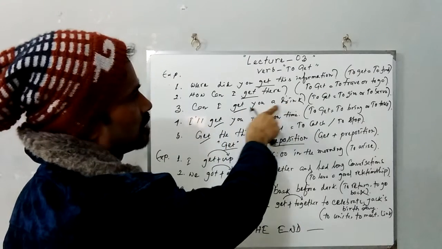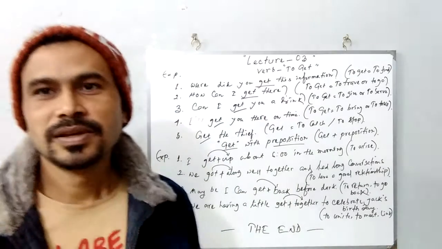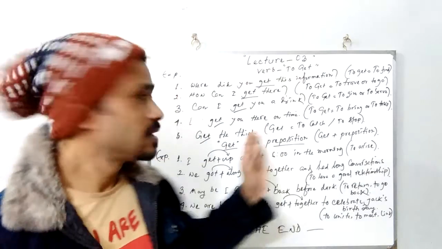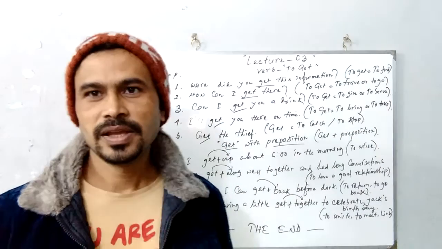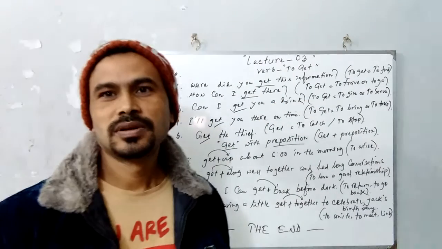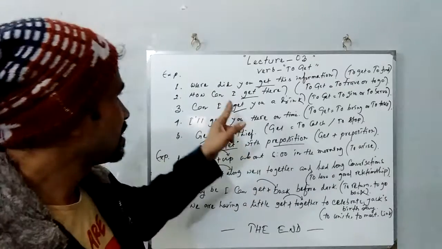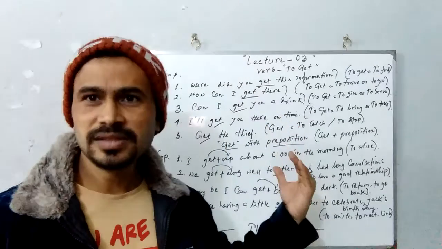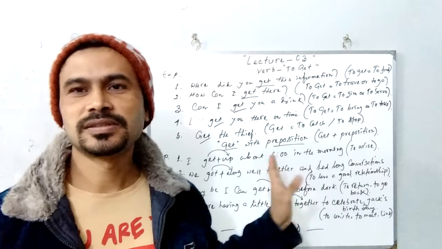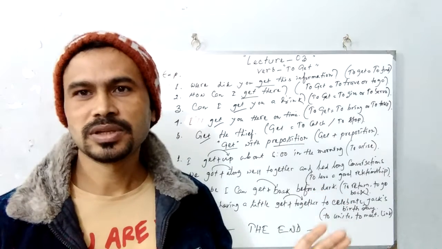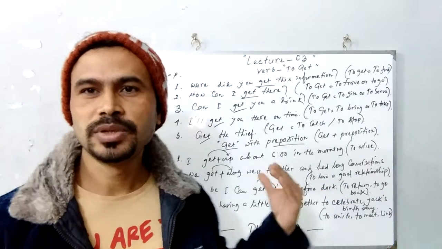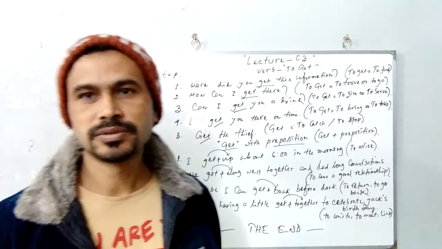Can I serve you a drink? This is very much formal. And when you use get in this sentence, I think it would be informal, and very much standard. Okay.